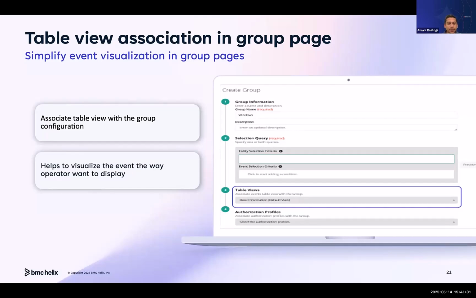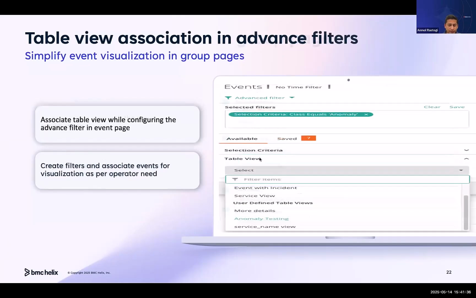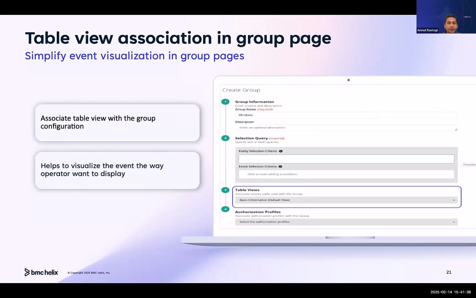So customers wanted to have a table view association as well, along with the selection criteria, where they can specify that, okay, this table belongs to this particular selection criteria. Once this selection criteria is applied on the table view, and the user logs in to the group pages, they will see the visualization according to what the table view is associated with this selection criteria. This is another important change.